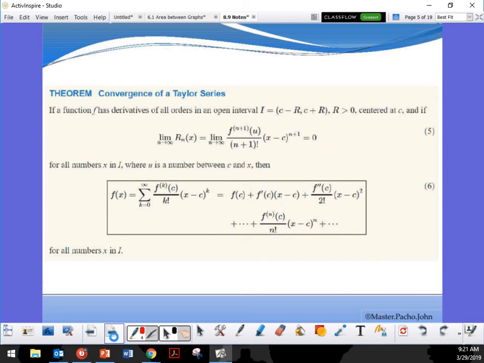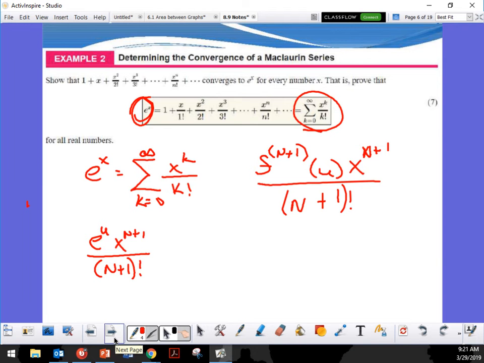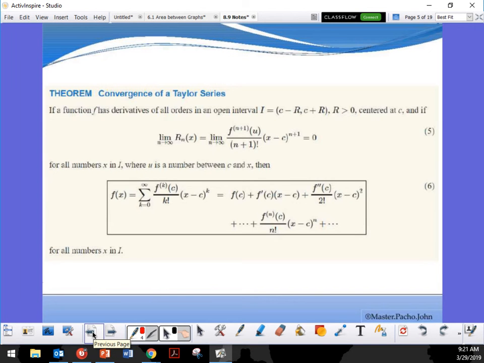All right, go back over that. So we know that this right here, because I'm going to have some value u, has to be less than what? Between x and c, right? So it's going to be somewhere between x and c.